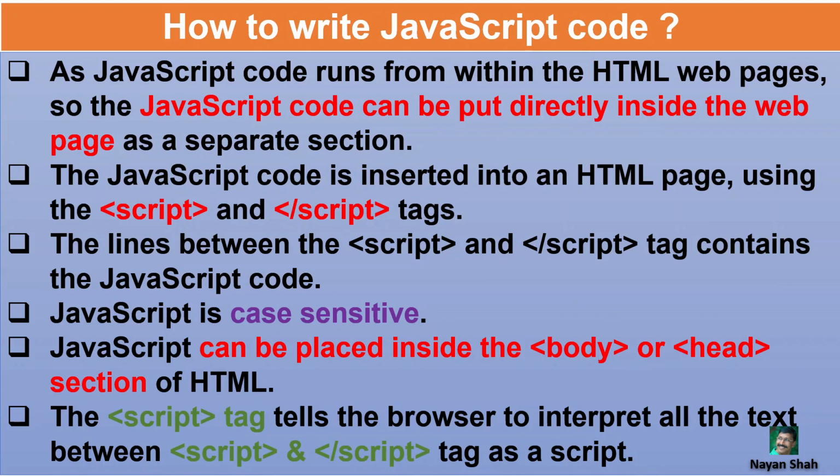How to write JavaScript code? Before you understand form validation, we should know how you can write JavaScript code. JavaScript code runs from within the HTML web pages, means it runs within the page. Let me clear that it is running at the client side.